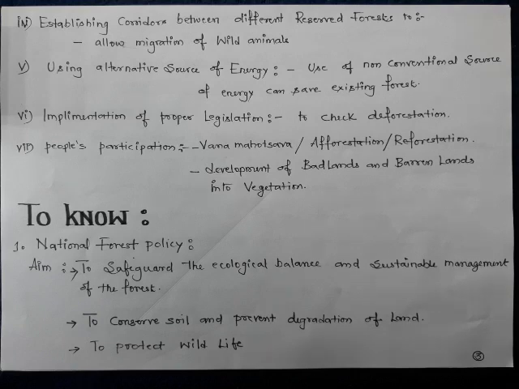People can volunteer themselves planting trees along the barren stretch of land to increase the green belt, which has been celebrated as Vana Mahotsava, or afforestation or reforestation, and development of badlands and barren lands into vegetation. So this can definitely help in maintaining the green belt on the earth and to ensure sustenance of life in future.